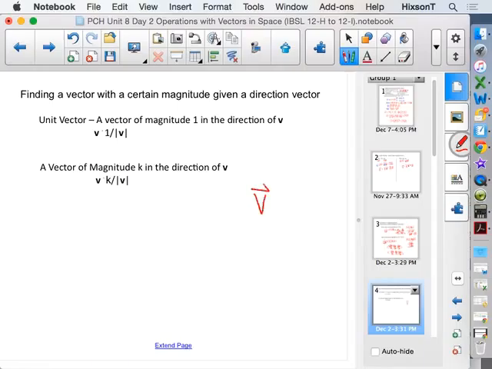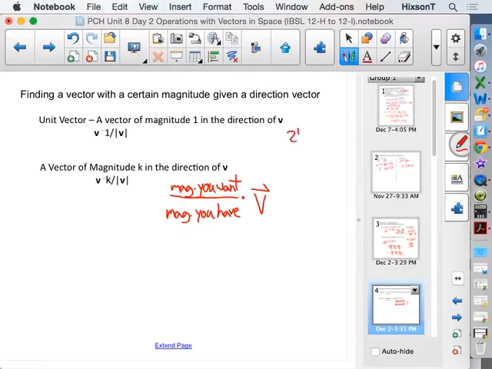So you can think of it like this. You do vector v times the magnitude you want over the magnitude you have. That helps you make sense of it. This can be helpful, especially if you currently have a magnitude of, say, 8, and you want the magnitude to be 24.